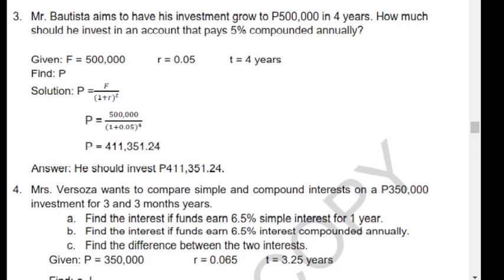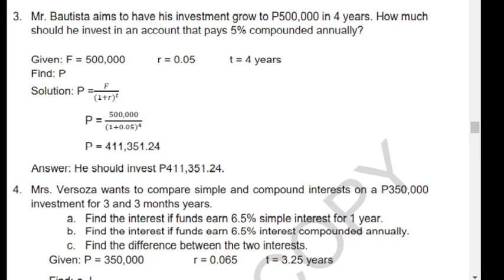Next is Mr. Bautista aims to have his investment grow to 500,000 pesos in 4 years. How much should he invest in an account that pays 5% compounded annually?